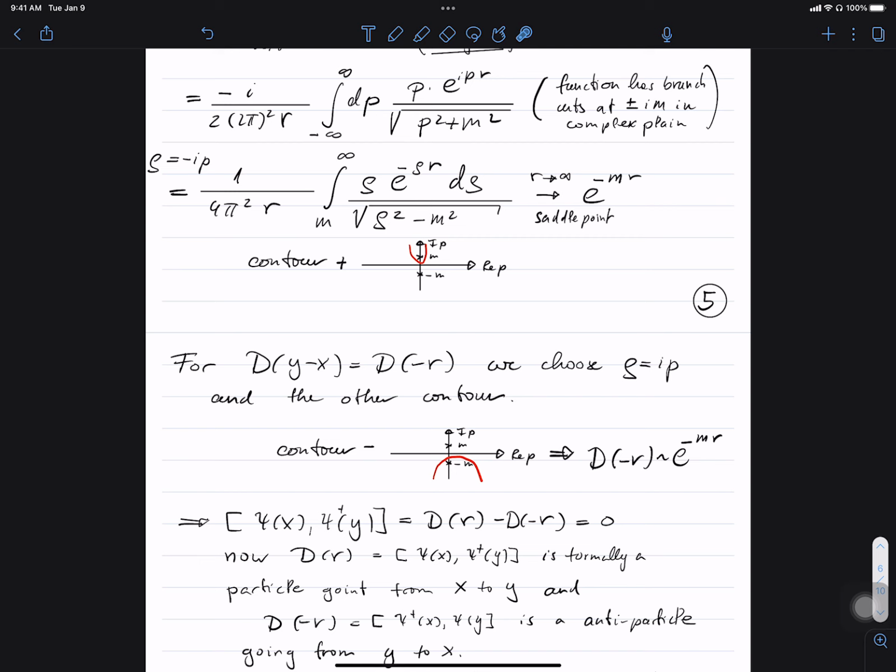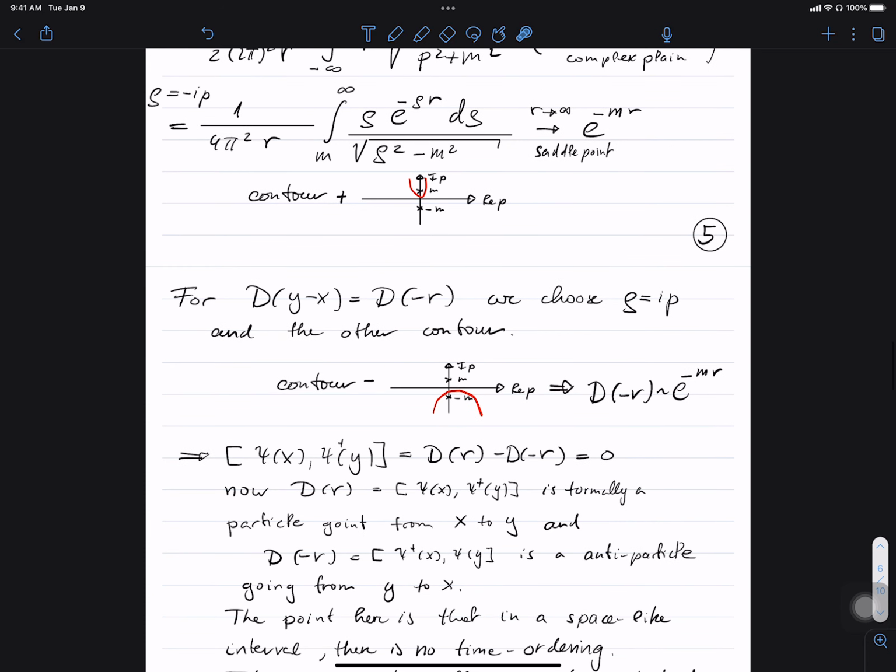And for the other propagator, the x minus y propagator, instead of negative ip we can choose the variable to be ip, and close the contour around the lower branch cut, summing up now from negative m to negative infinity.